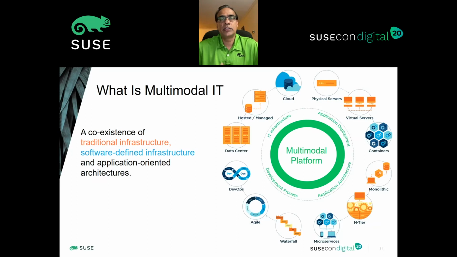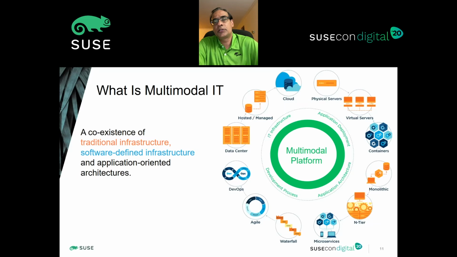Now, many organizations don't have one mode or the other. They have this combination of multiple modes, and that's how they get into the situation of multimodal, where they're supporting a data center, but also need to support new applications, smartphone-based applications, which are based on microservices, bite-sized, and use containers.